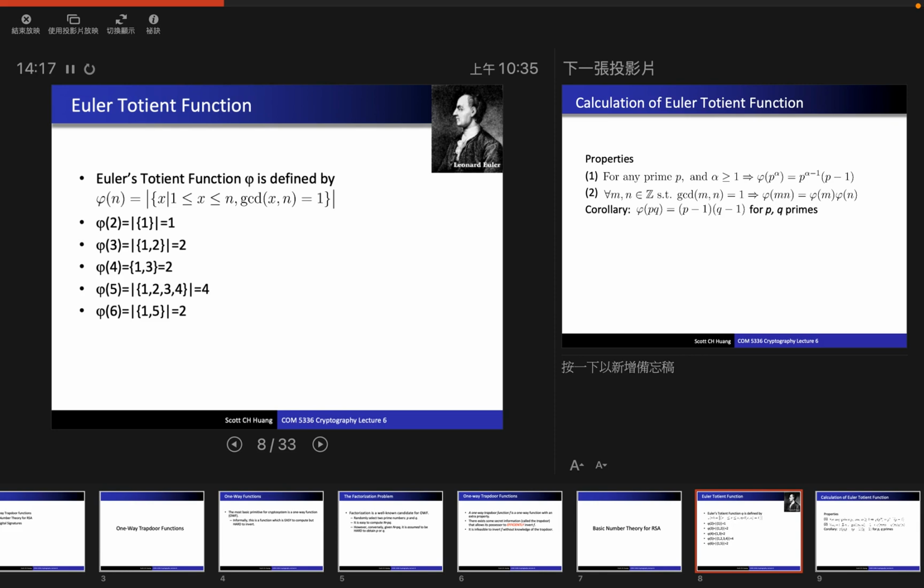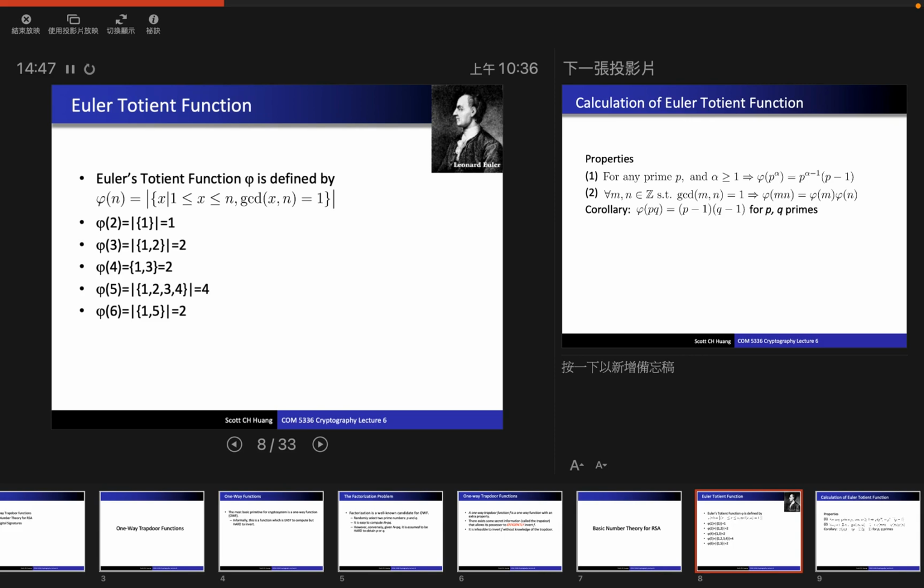It's defined as this. You're given a number n. We find the numbers less than or equal to n which are relatively prime with n, and we count how many elements there are. Let's take a look. Think about phi of 6.